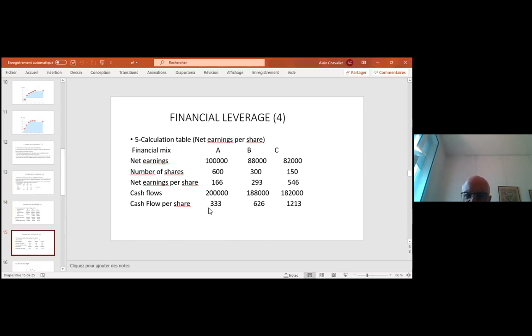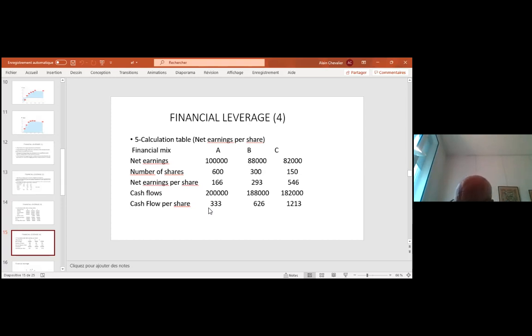But when we move to a situation of analysis of the individual shareholders, not of the company, you have a different consequence. The net earning per share and the cash flow per share are increasing, and very quickly, when you introduce more debt.